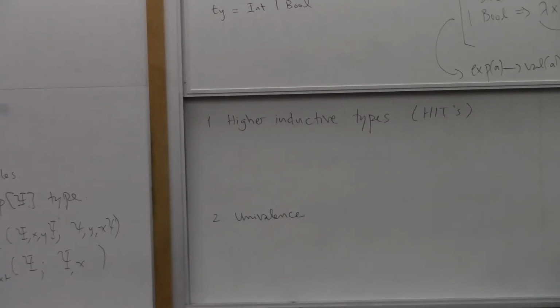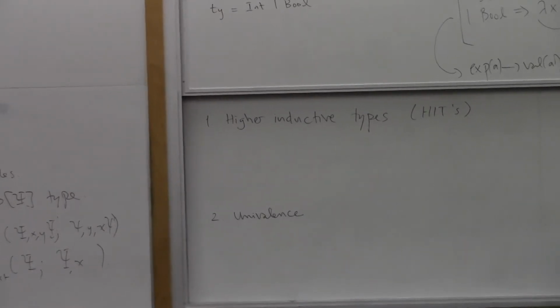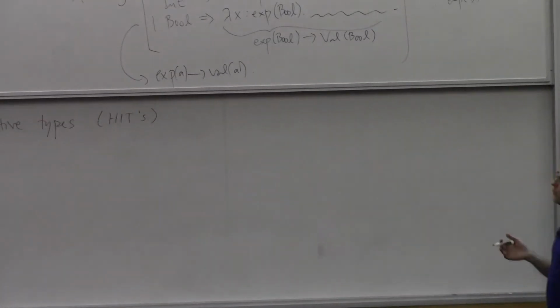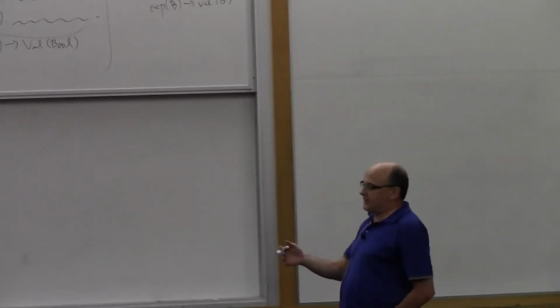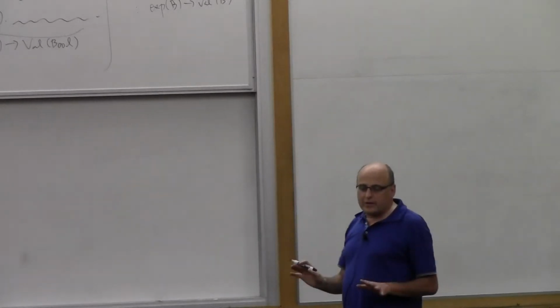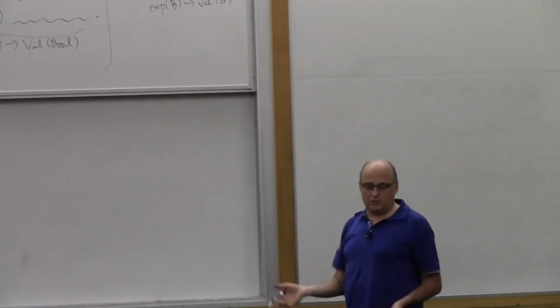So the idea about higher inductive types is that I was mentioning very briefly this morning, some of you are maybe acquainted with the idea of presenting algebraic structures by giving generators and relations, okay? What happens in higher inductive types, so the idea is you say, here are a bunch of generators, close them up under the algebraic laws, and you may give some additional equations.